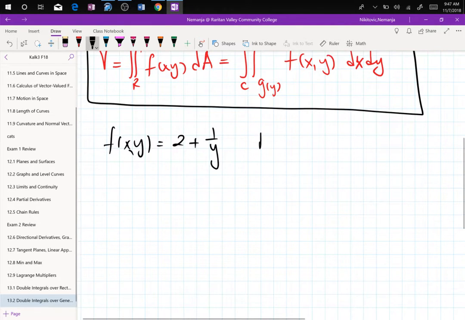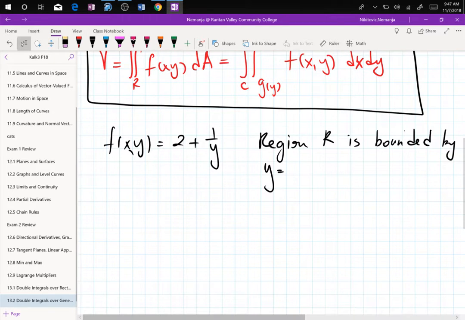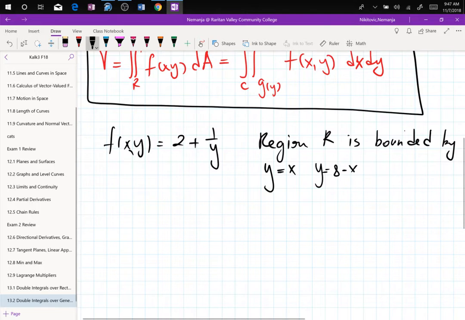And region R is bounded by the functions y equals x, y equals 8 minus x, and y equals 1. So it's bounded by these three functions.